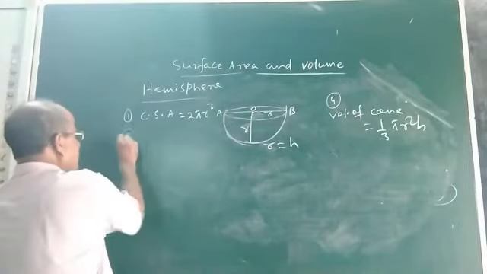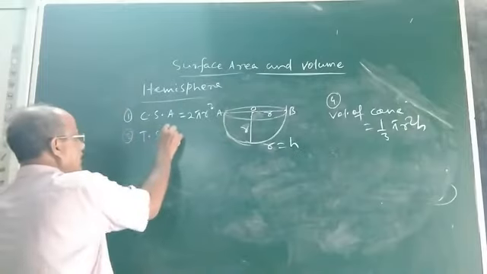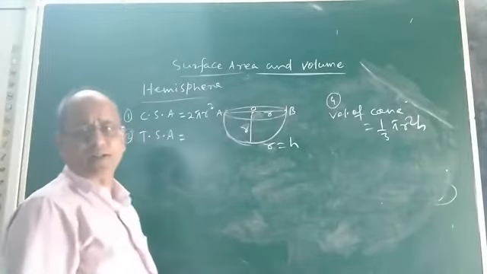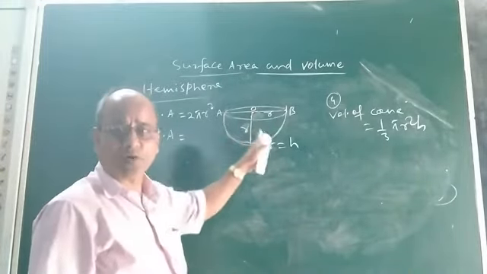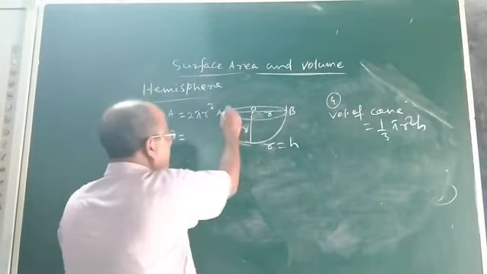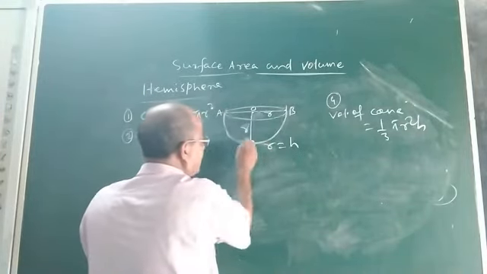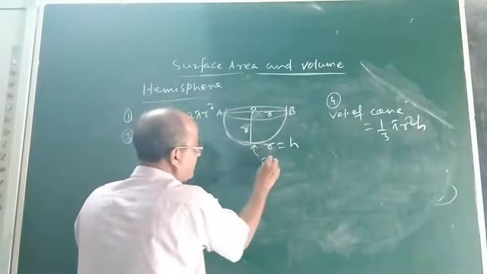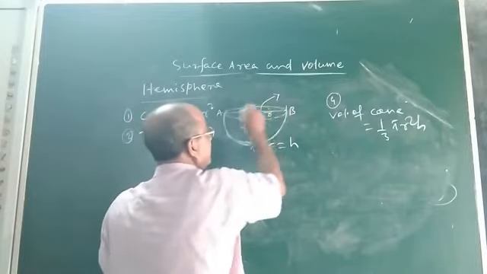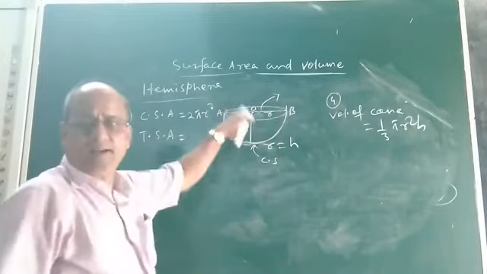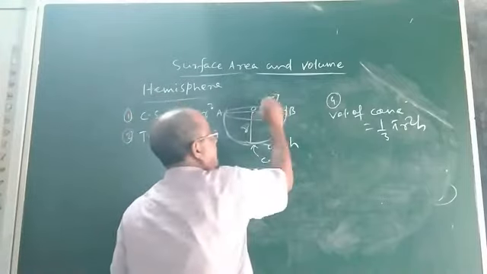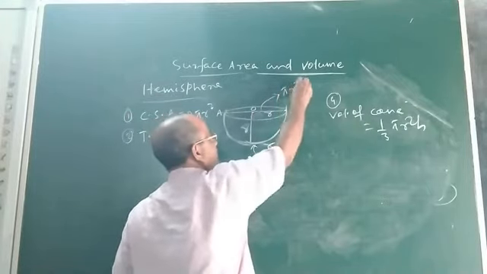Then what is its total surface area? When we find the total surface area of a hemisphere, we have to find the area of this curved surface and the area of this plane end or circle, which is equal to pi r square.